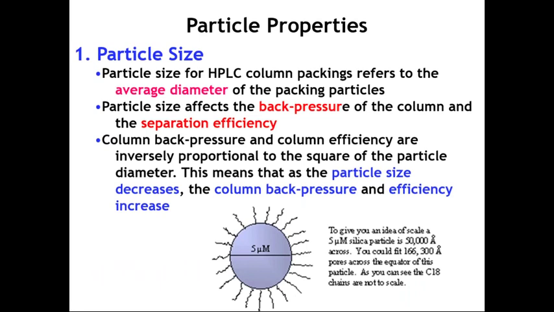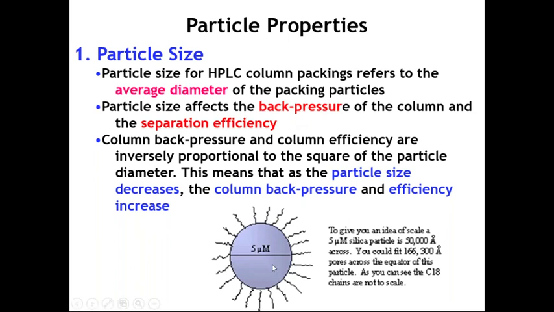Now let's come to particle size. The particle sizes that I told you range from 3 micron to 10 micron, and how does that affect the separation? The particle size of the HPLC column refers to the average diameter of the particles. This particle size affects the back pressure of the column and the separation efficiency.